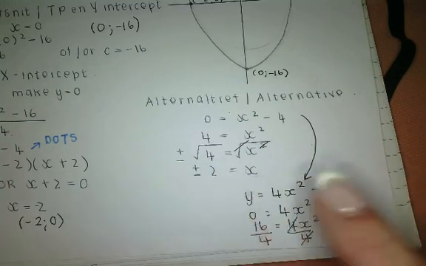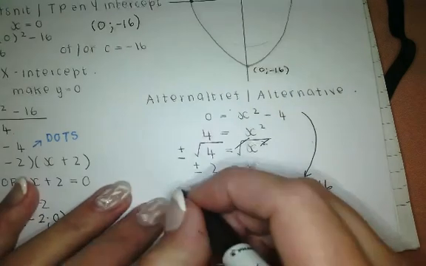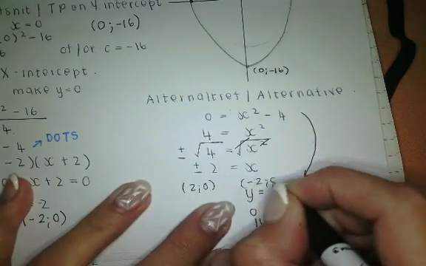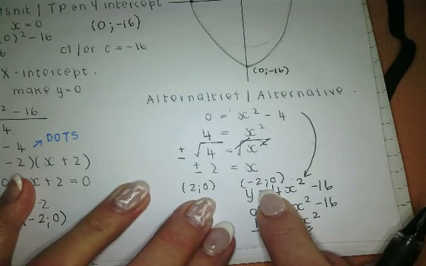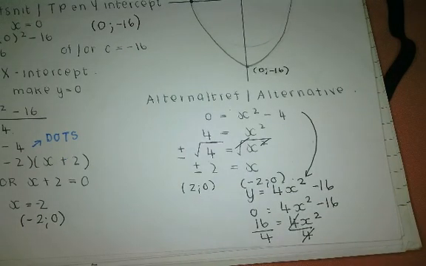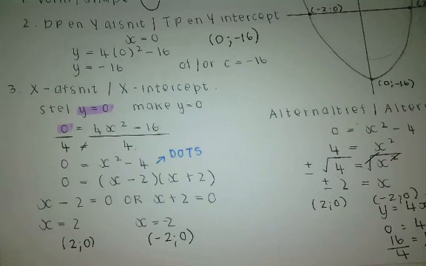You have x alone and the square root of 4 is plus or minus 2. Again, you see we have two solutions for x: positive 2 and negative 2. Are you with me? Right, so do we have all we need to sketch?